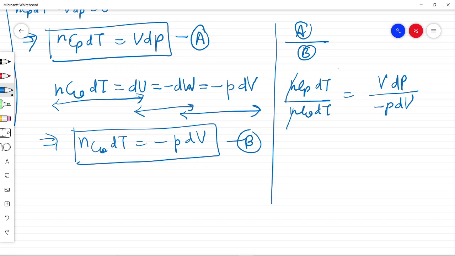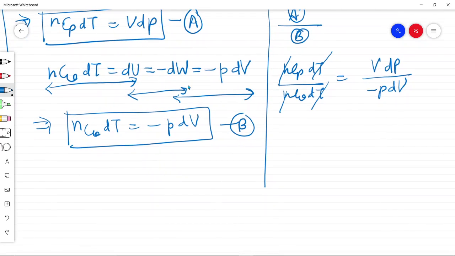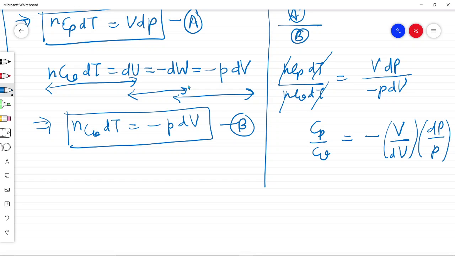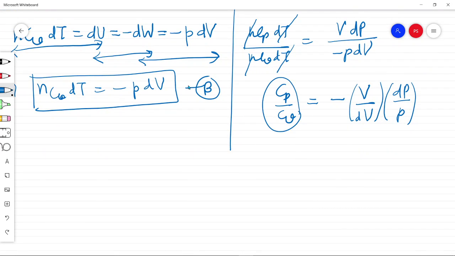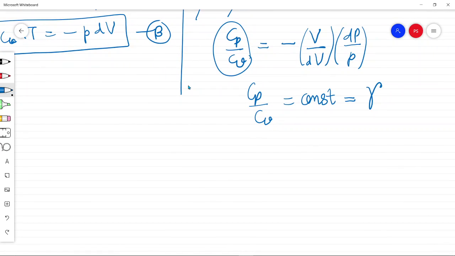So n gets cancelled out, dT gets cancelled out, and we are left with Cp upon Cv is equal to minus V by dV into dP by P. Now as we have already seen in the previous video, this ratio Cp by Cv is a constant. It is denoted by the letter gamma. So we get gamma is equal to minus V/dV into dP/P.